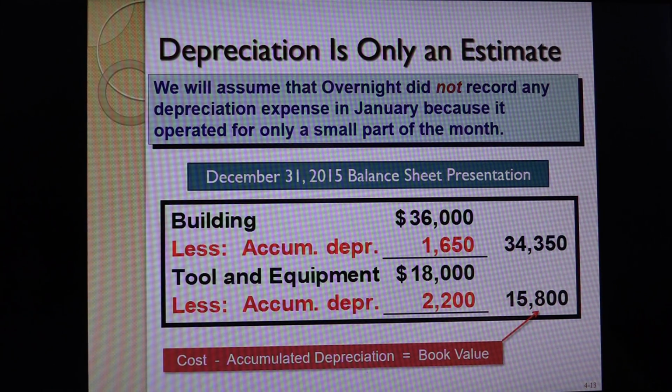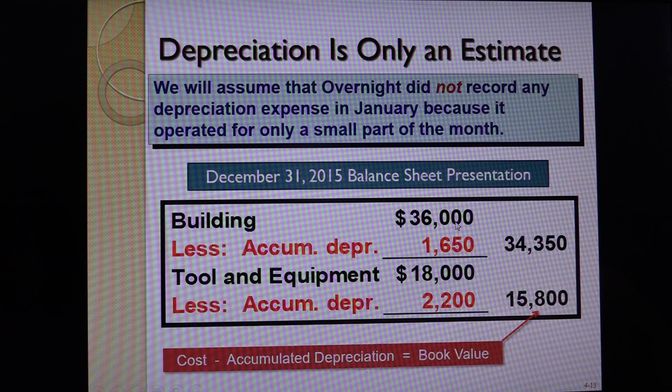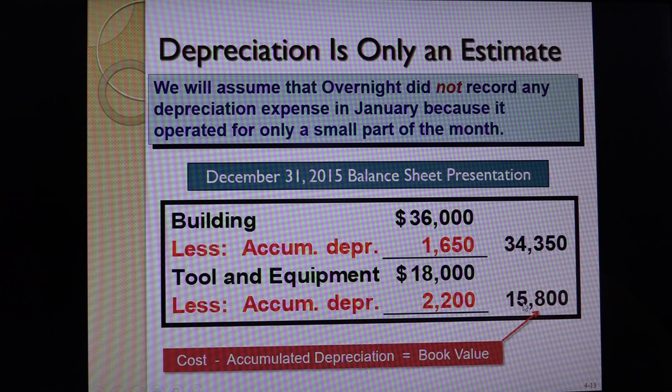So notice that these amounts over here, the cost of the building less accumulated depreciation, equal this thing called book value. So the book value of the building at December 31, 2015 is $34,350. The book value of tools and equipment is $15,800.